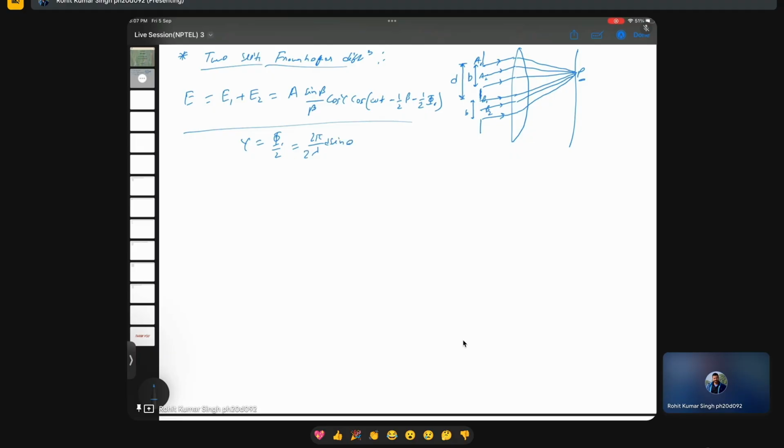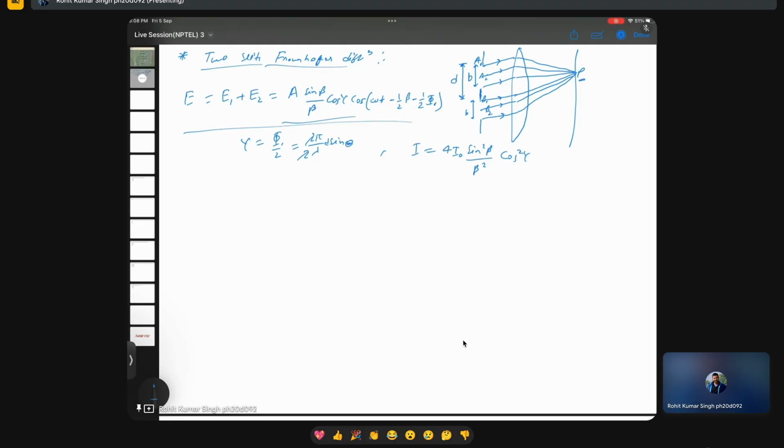So it is just pi by lambda d sine theta for gamma. And the resultant intensity was just the square of this amplitude, which was 4 I naught sine square beta by beta square cos square gamma.